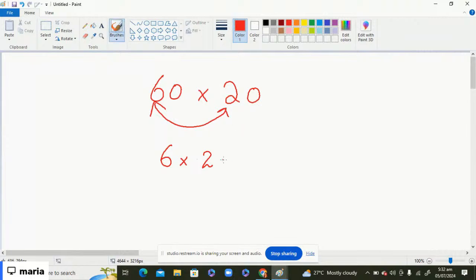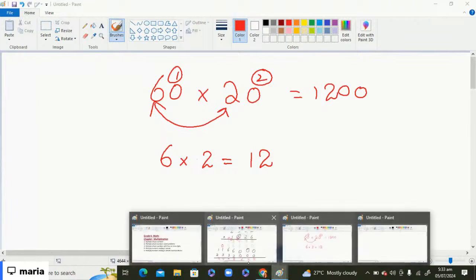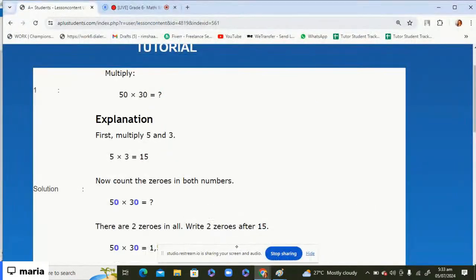What's the answer for 6 times 2? That is 12. You put 12 here. And now count how many zeros? 1 and 2. Then put them here. It's like that.